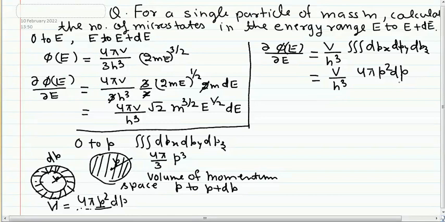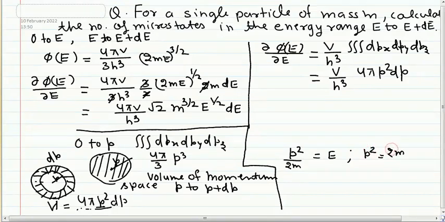Now here it is dp, and we have to report in terms of dE. So we will change dp into dE. How can we change dp into dE? Because we have the relation p square by 2m is equal to E. It means p square is equal to 2mE.